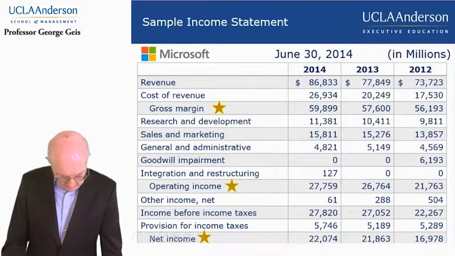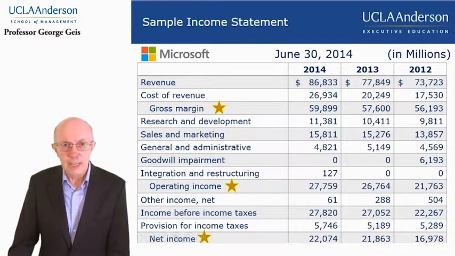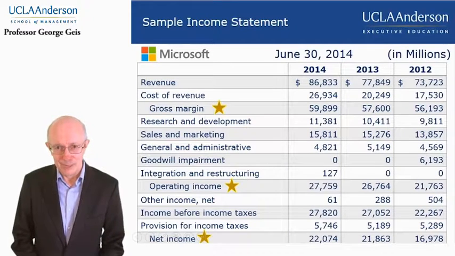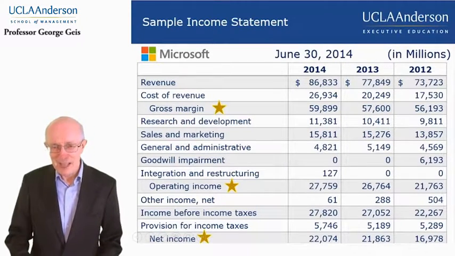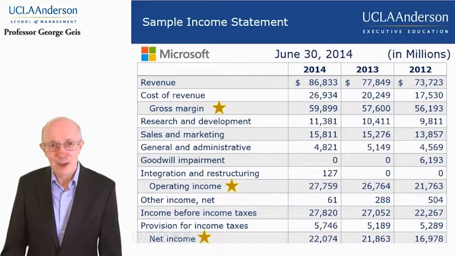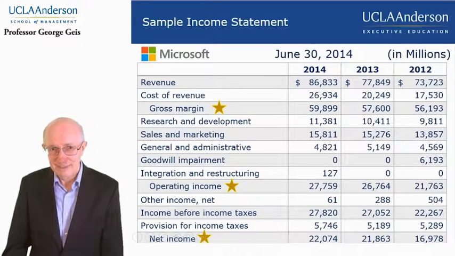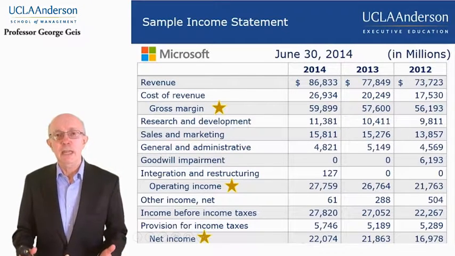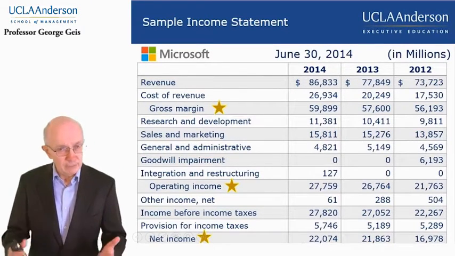The taxes are taken out, and finally we get down to net income, which is $22 billion. This is net of taxes. Whenever you hear the word net income, you're talking about bottom line. So on an income statement, there are many different forms in which you can take. We're looking at just one, Microsoft in this case, how it's broken down its income statement.